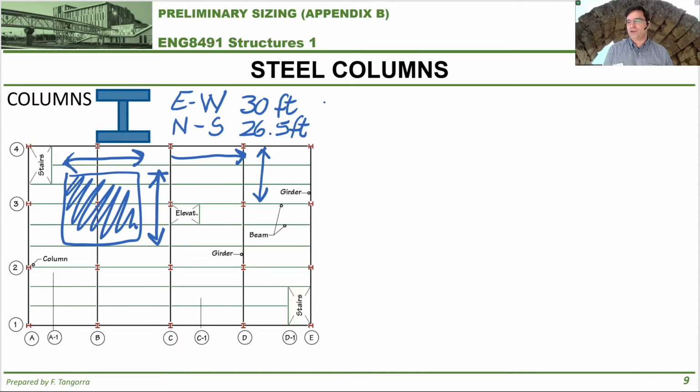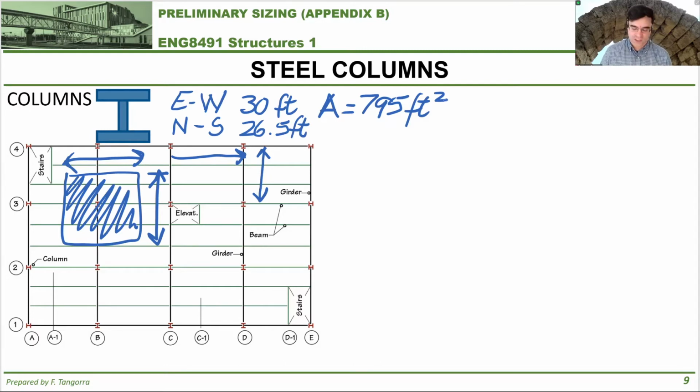So if we're able to figure out what this area here is, then we're able to figure out the tributary width for one story's worth. So if we do 30 feet times 26.5 feet, we get 795 square feet. Okay?